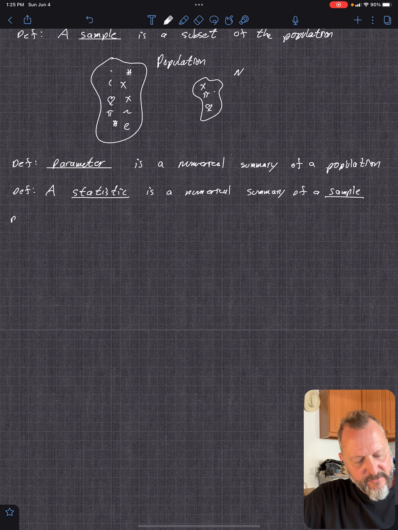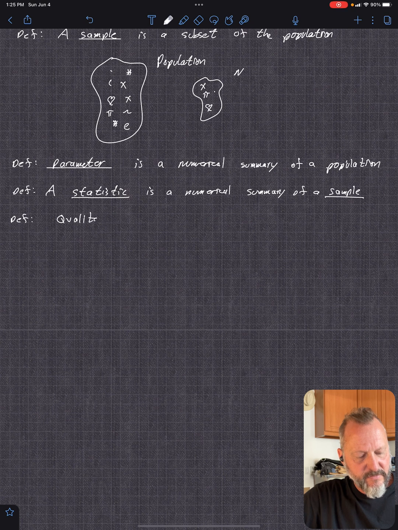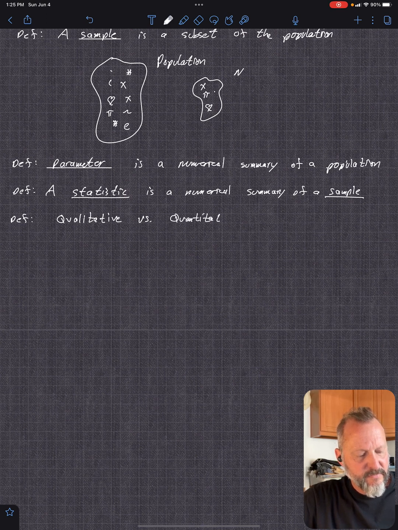Next definition, qualitative versus quantitative variables.